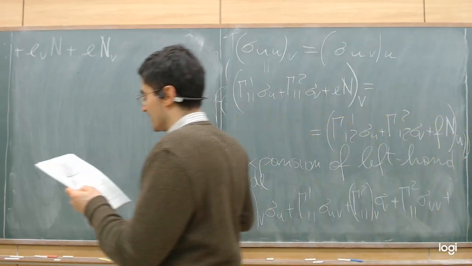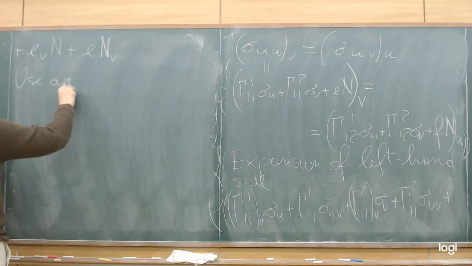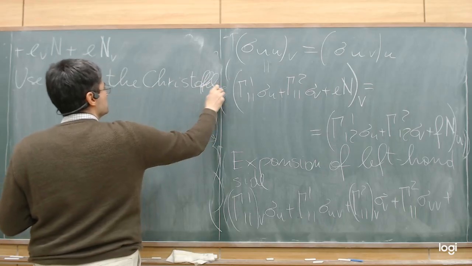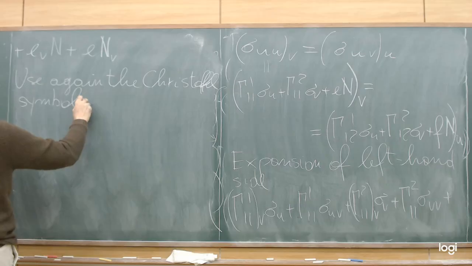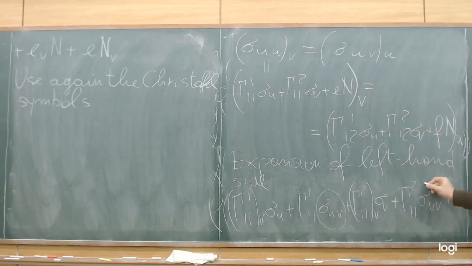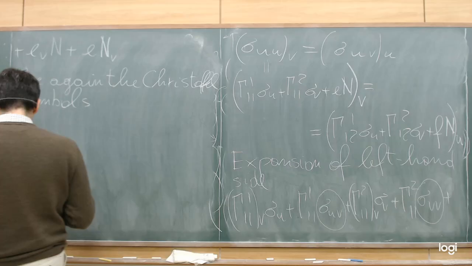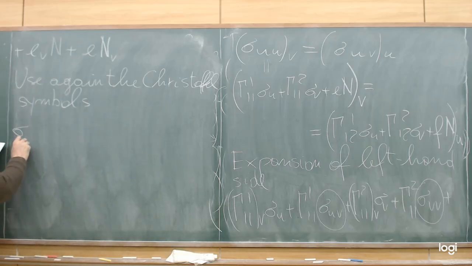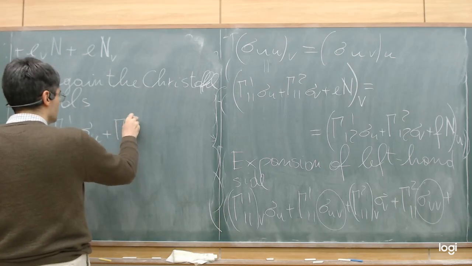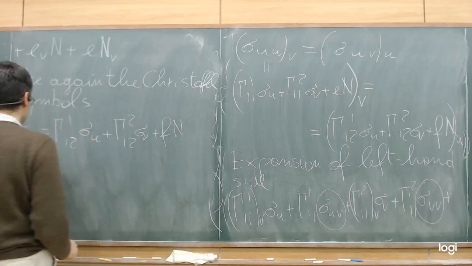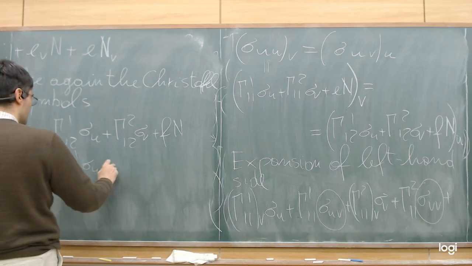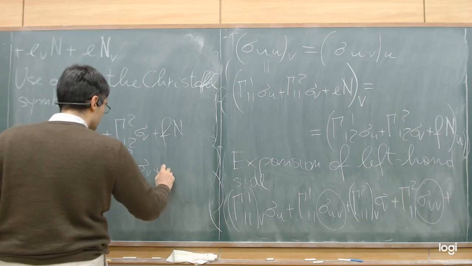Now the next step is to use again the Christoffel symbols for expanding this term in terms of gamma 121 sigma u plus gamma 122 sigma v plus Fn, and sigma vv equal gamma 221 sigma u plus gamma 222 sigma v plus gn.